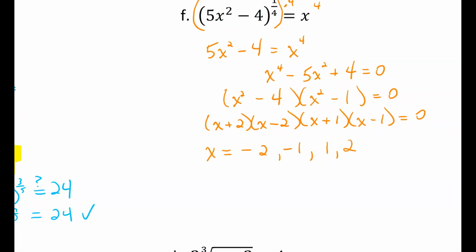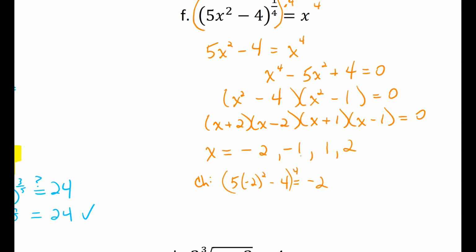And like we did earlier, I want to go ahead and check. So checking, if I start with -2, I get 5 times -2 squared minus 4 is equal to -2. Oh, and I'm sorry, I forgot to put my 1/4 power on here.